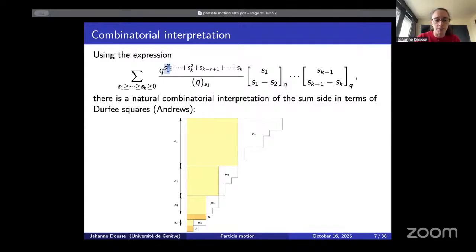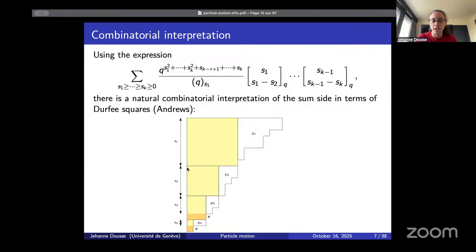For example, this S1 squared, we will see as a square in the Young diagram called the Durfee square. So that will be the first, this big square here. Then the Q to the S1 here gives us a partition in here, which I call mu1, which is a partition into at most S1 parts. You put it here.